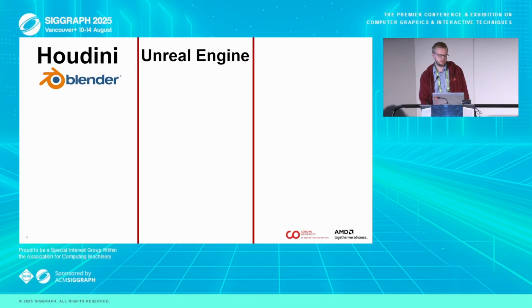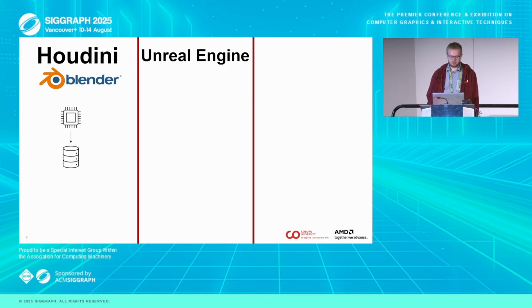Another thing I want to look at here is where these softwares generated procedural geometry and where it's used then. So for Houdini and Blender, if you care about real-time rendering, the procedure generation for the most part probably happens on the CPU, and then it's exported to some polygon format to disk, and then for rendering in a game engine it's loaded again, then uploaded to GPU and displayed.